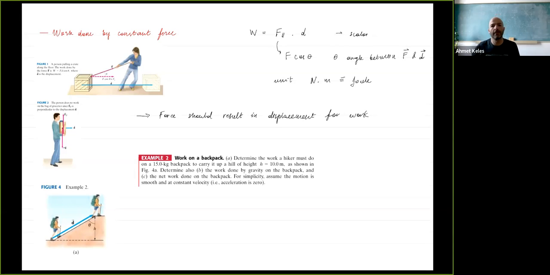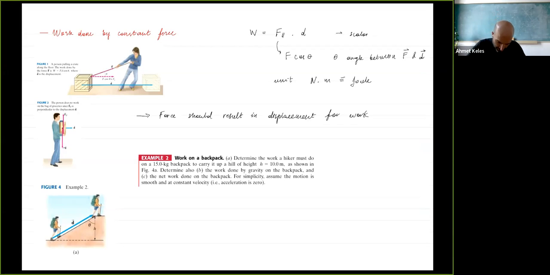Is that clear? Any questions? Simple stuff, right? I just defined one thing: work is equal to F times D, and F is the parallel component, so we had to take into account the cosine. So let's just do an example and see how this works.